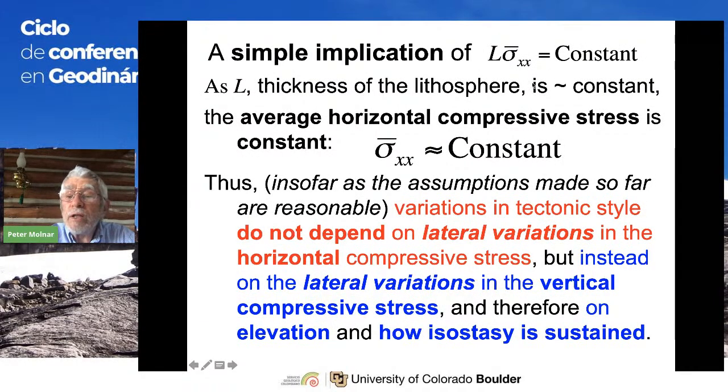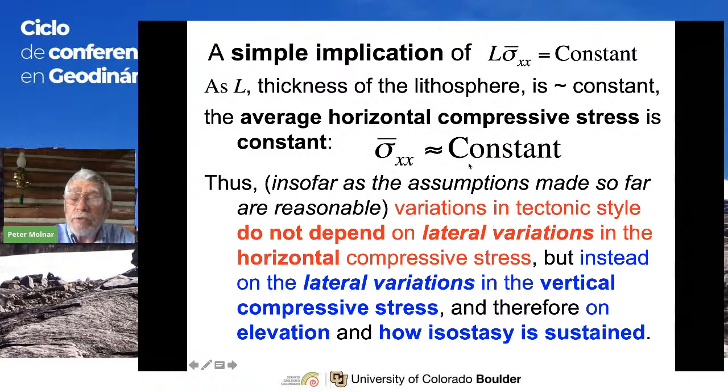So if L is the thickness of the lithosphere and it's approximately constant, then the average horizontal compressive stress is also constant. If this quantity is constant and L is constant, well, then the average of sigma xx is constant. And so, insofar as the assumptions made so far are reasonable, and they're pretty serious or strict assumptions, variations in tectonic style do not depend on lateral variations in the horizontal compressive stress.